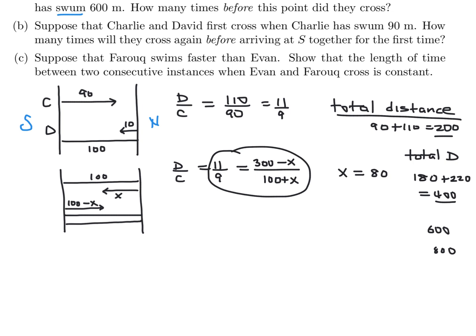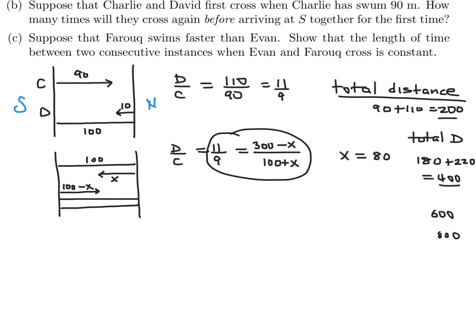So we have to figure out how much longer we're going to go. I'm not going to do it manually for every single scenario because there's probably many of them. But one thing is for sure: the question actually helps us out a little bit, in that they say they eventually arrive back at S together. So eventually, if you were to continue this, you're going to get to a point where they arrive back at S, and if so, their distances would be a multiple of 200, right?